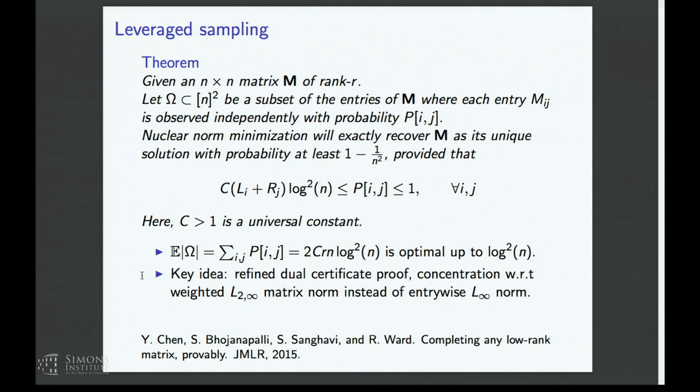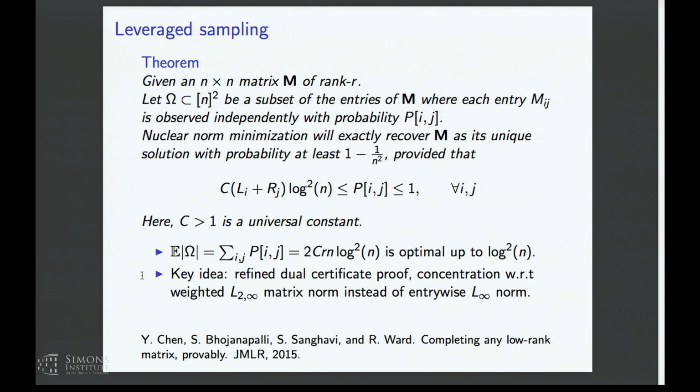And the key idea is to refine the dual certificate type proof for matrix completion, where we derive concentration results with respect to a weighted L2 infinity matrix norm instead of entry-wise L infinity norm.